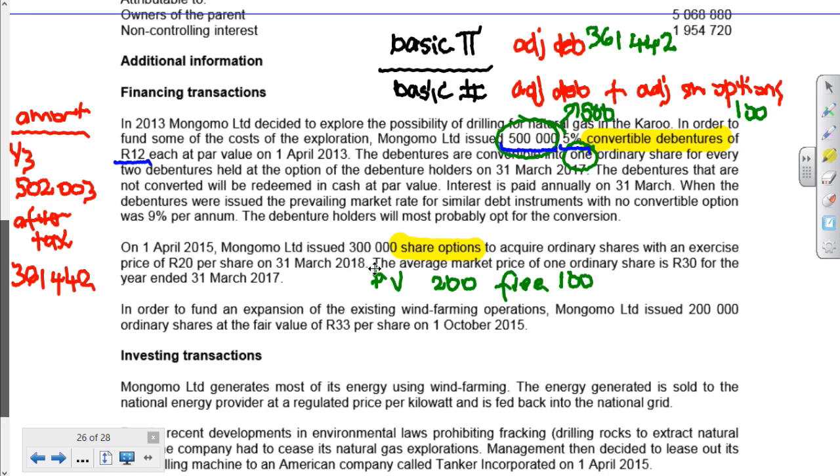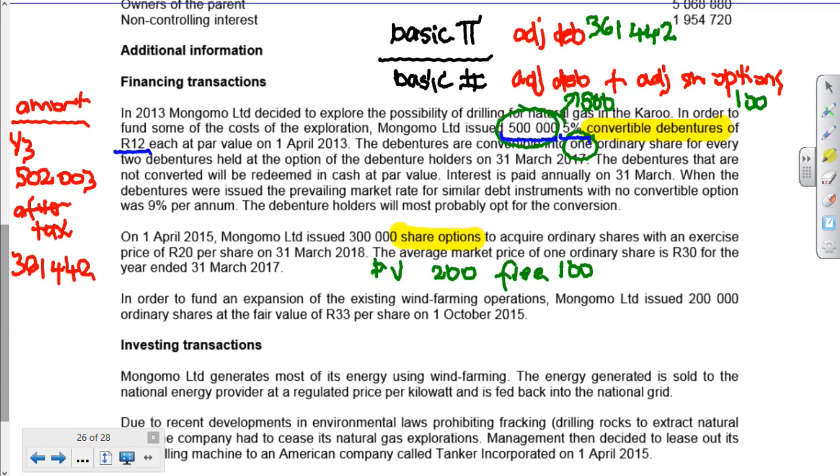Your N is 4, from 13 to 17, and your I is 9. Your future value is 6 million, and your payment is 5% of that, which is 300. Is that right? Okay, so we work pre-tax there.